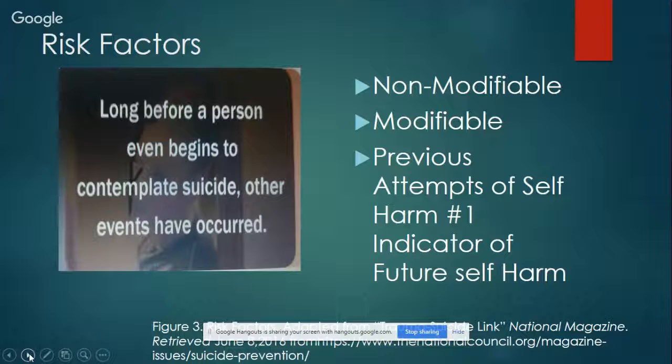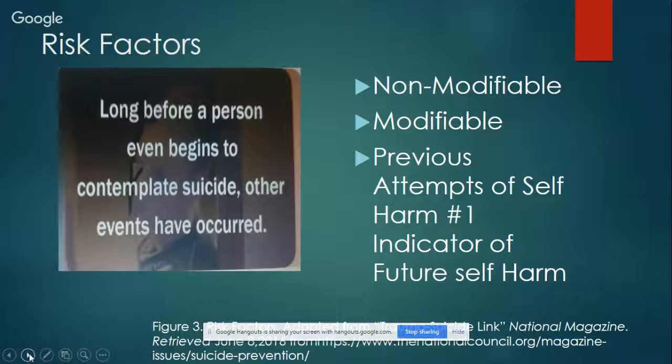Mental disorders are also risk factors. Mood and affective disorders such as major depression, bipolar, and postpartum, personality disorders, schizophrenia, anxiety, PTSD, substance use disorders, and eating disorders may all be a risk factor.